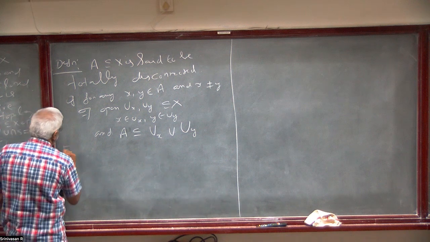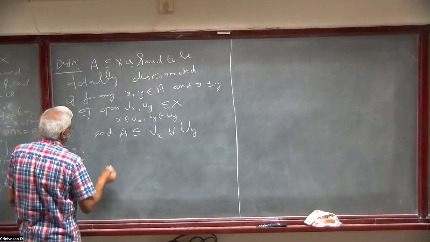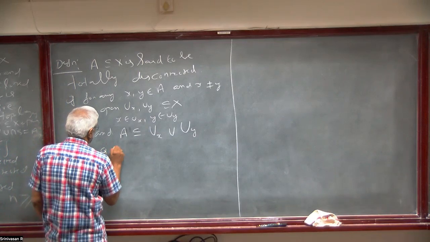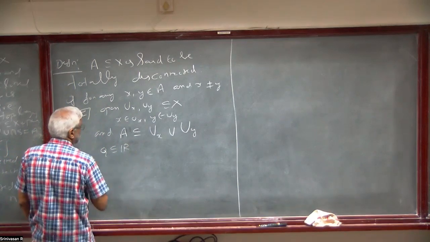An example of a totally disconnected set is the rationals.